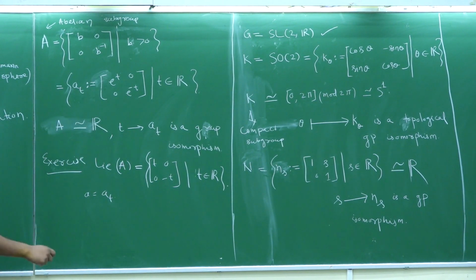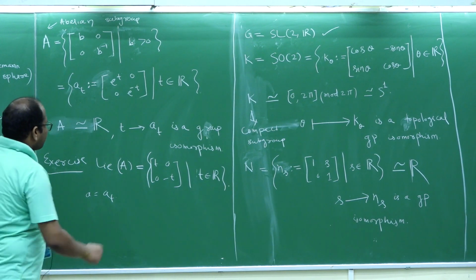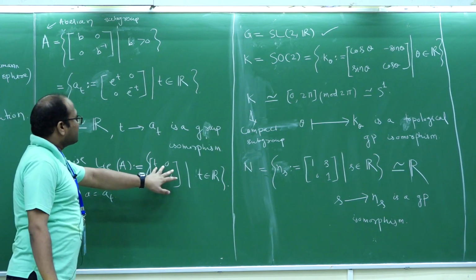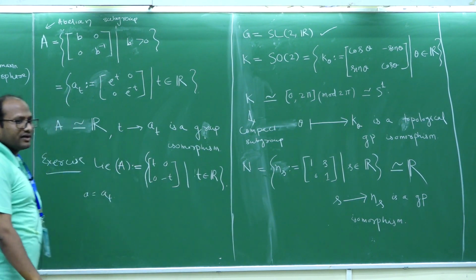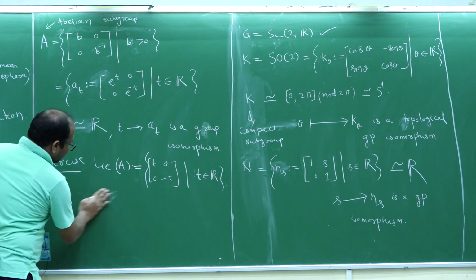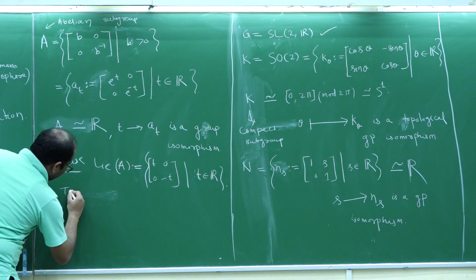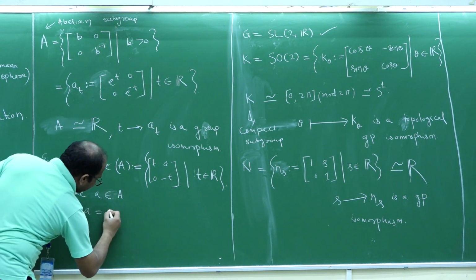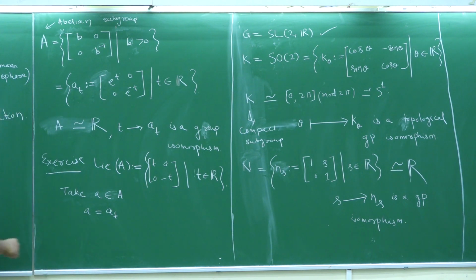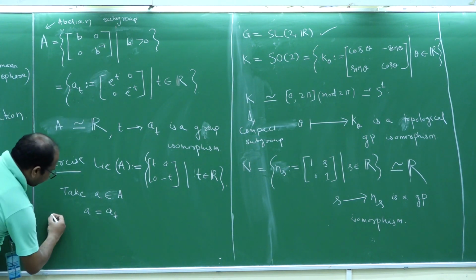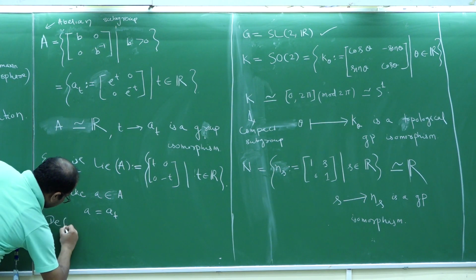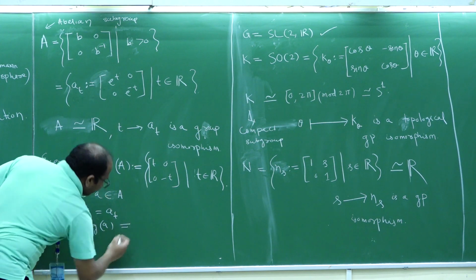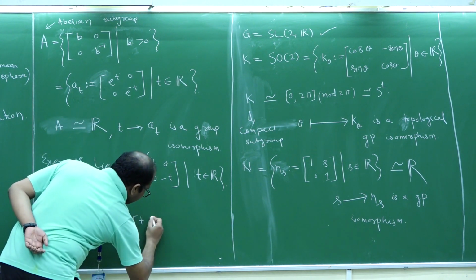Okay. So exercise, this is a very simple exercise. So that b in A is equal to the matrix e to the power t, 0, 0, e to the power minus t. Now since you take a in A, that means a is of the form a_t. You define log a by this matrix t, 0, 0, minus t.